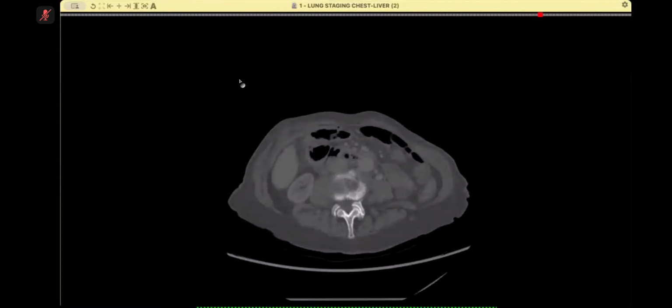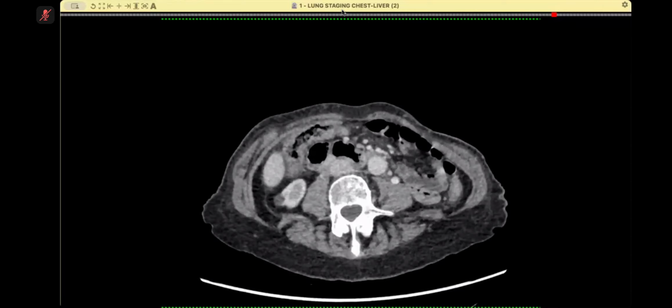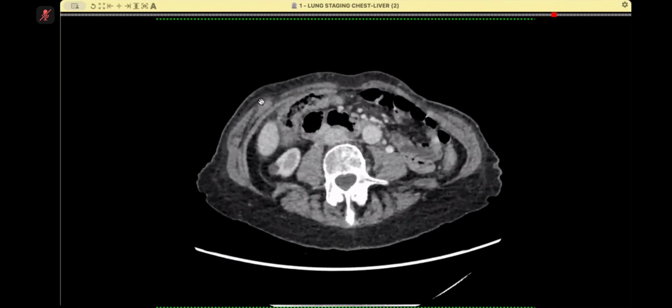Next case. Now, this case, let me tell you the scenario. This is a 79-year-old patient who had a cholecystectomy about 1 month ago.